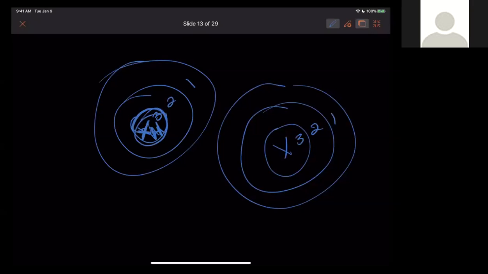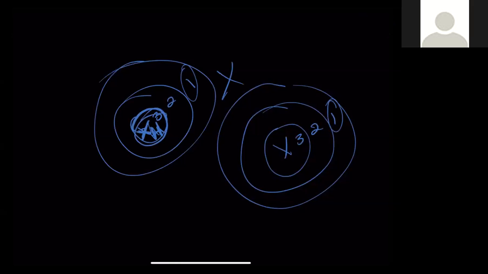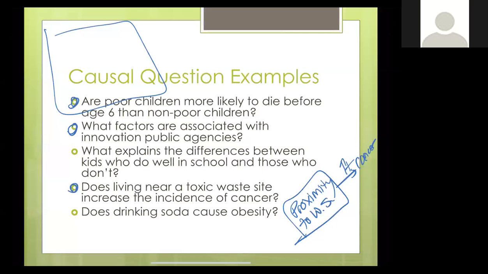Because if you found out there was a waste site right here, and that cancer rates were the same everywhere, still low in these areas, now you're not really so sure that you can say that causes the relationship that you think you're seeing. So being able to rule out these other factors is extremely important when we're trying to make a causal statement.